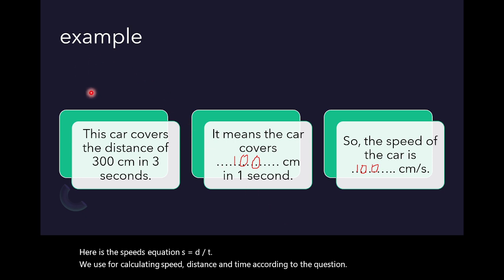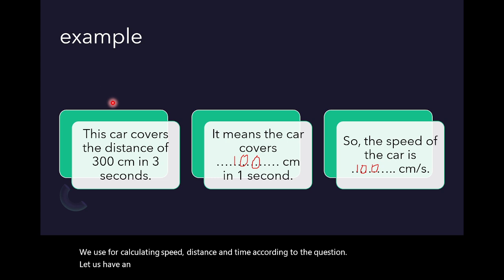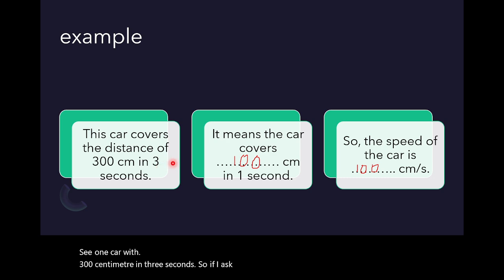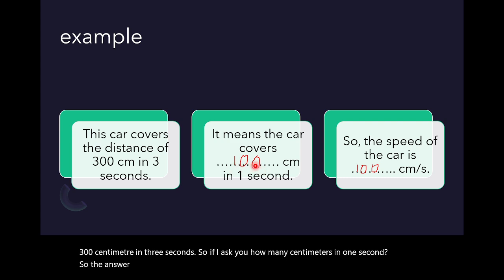Let us have an example of speed to better understand. Let us see one car which is covering a distance of 300 centimeters. I repeat, 300 centimeters in 3 seconds. So if I ask you how many centimeters in 1 second, the answer is 100 centimeters in 1 second.